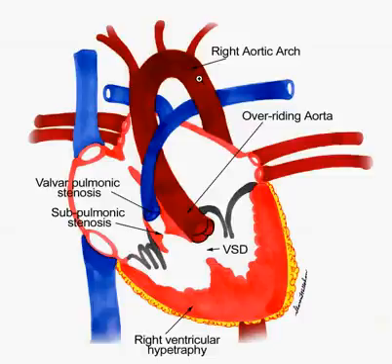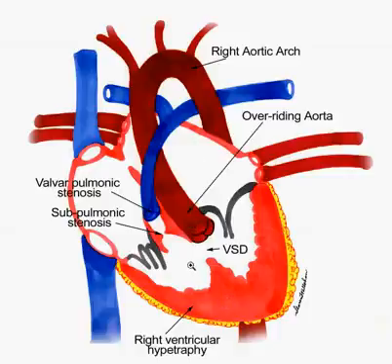Okay? And lastly, the VSD is what makes it all possible. But the number one prognostic indicator is the pulmonic stenosis. How bad this pulmonic stenosis is and how clogged it is will really determine how little blood is going to get into your pulmonary artery, and how little blood then is going to be oxygenated.